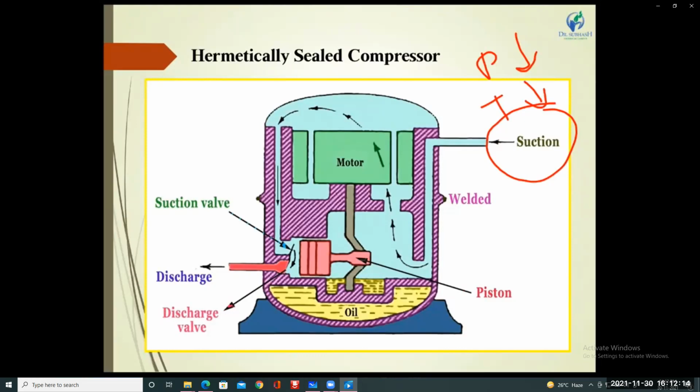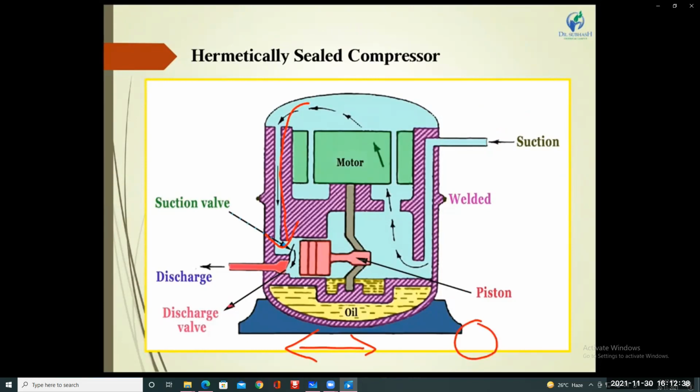Then the refrigerant passes to the single acting piston cylinder arrangement, and the piston's movement is reciprocating motion. This reciprocating motion is converted from the rotary motion by the piston crank and crankshaft. The crank and crankshaft get rotary motion from the electric motor.